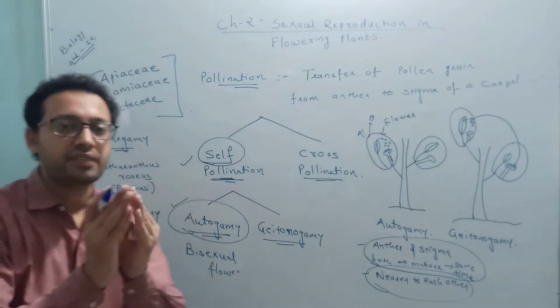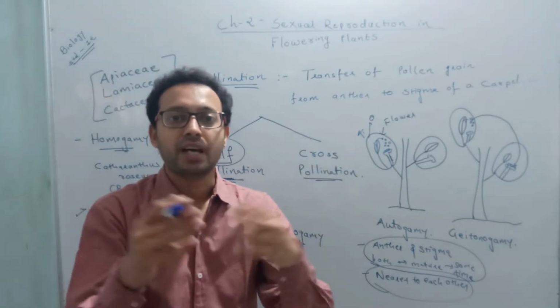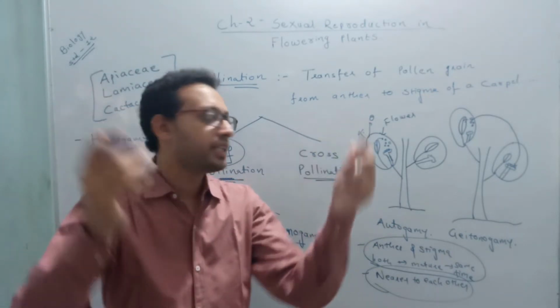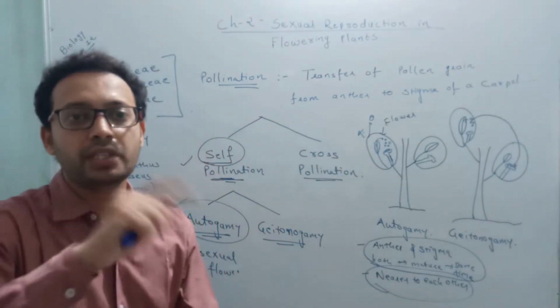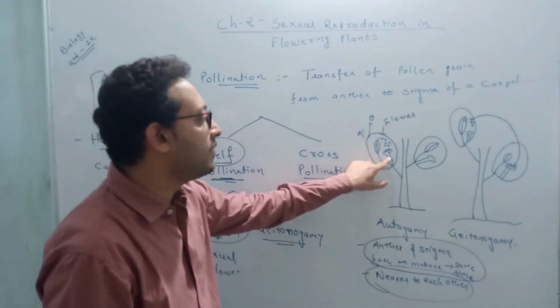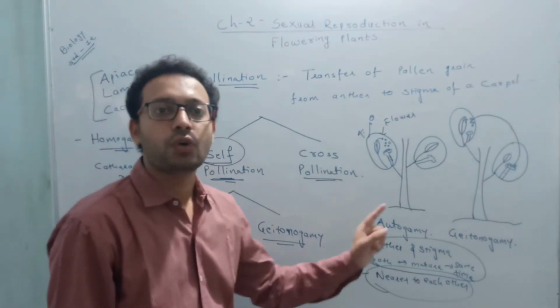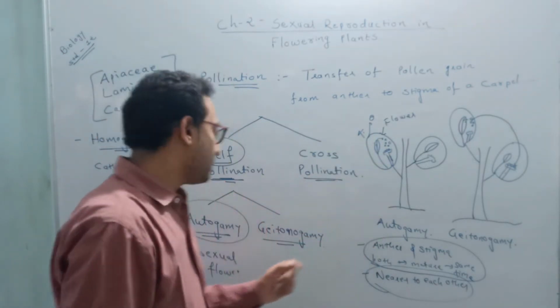In cleistogamy, the flower never opens up. When the flower never opens up, the chance of pollen grain going outside is almost nil or zero. So the pollen grain always falls onto the stigma of the same flower of the same plant. This is what we call autogamy.